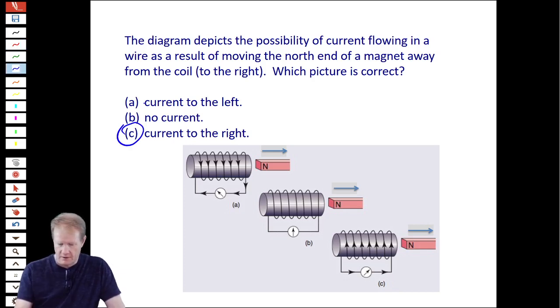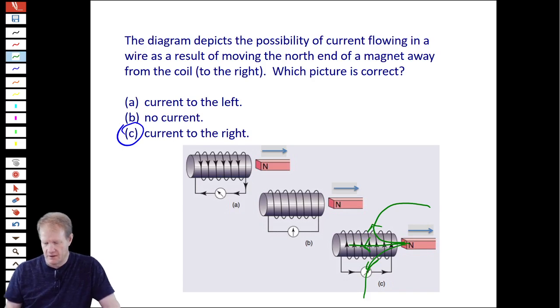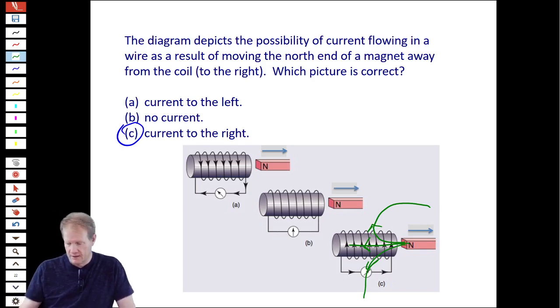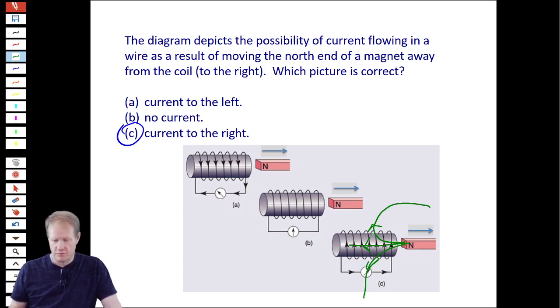Okay, so the way to think about this is you have magnetic fields coming out of the north end of the magnet, so you have a lot of magnetic flux coming in from the right there, and so as I pull that away, the coil is going to want to have current flow in such a way as to preserve magnetic field going to the left.